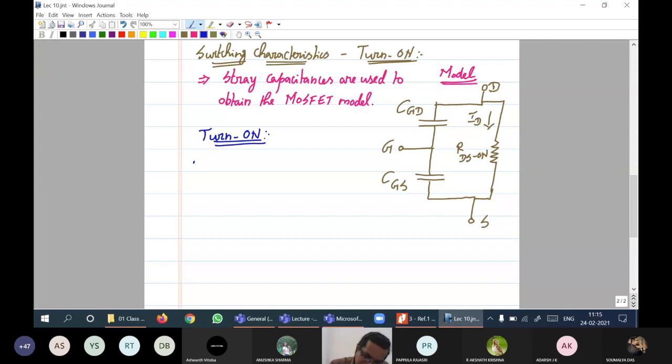Now, the first thing that happens is the gate source capacitance must be charged. So, for this to happen, there will be some time delay. I will indicate that time delay as TD on. Turn on delay time. TD on refers to turn on delay time.